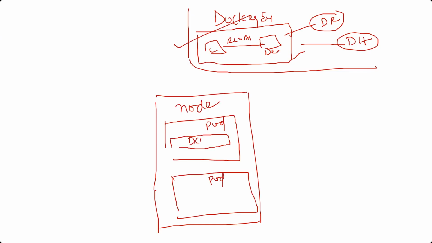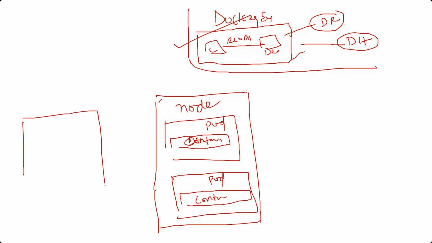Let's not call it Docker, let's call it container, because you can use Podman or any other container tool, right? So the node is the place which actually holds the containers in each pod.